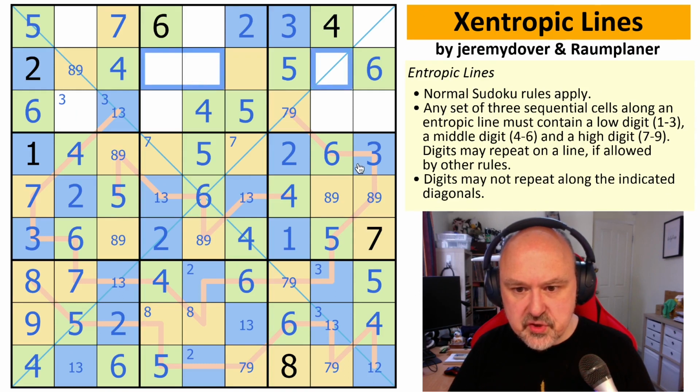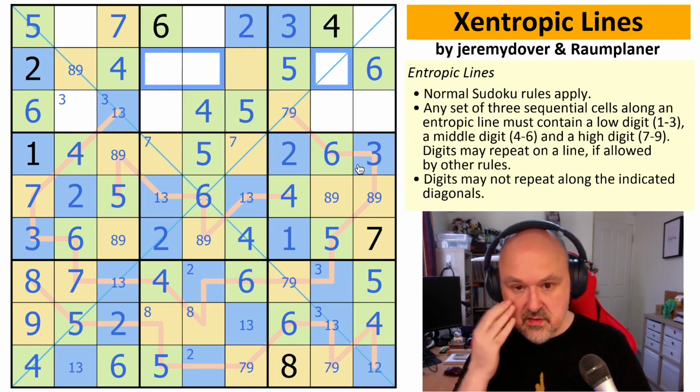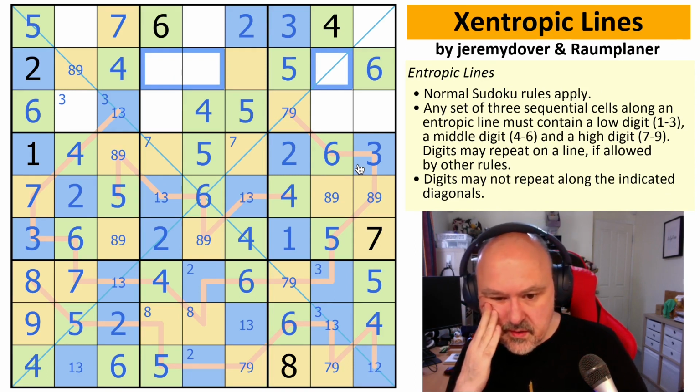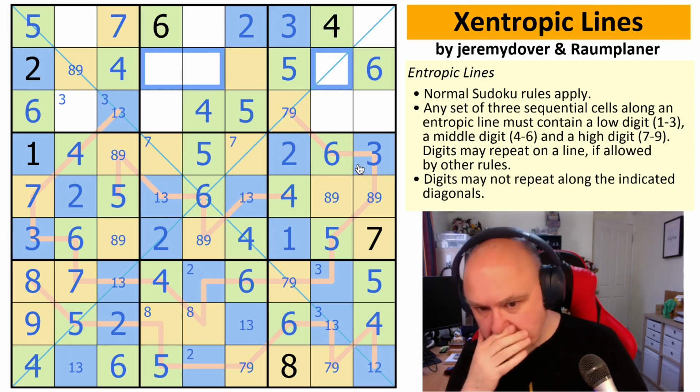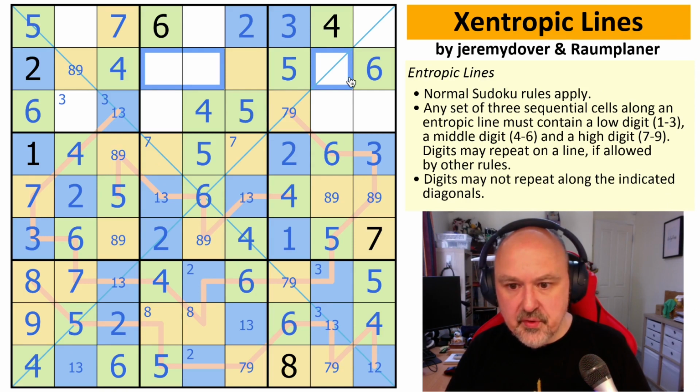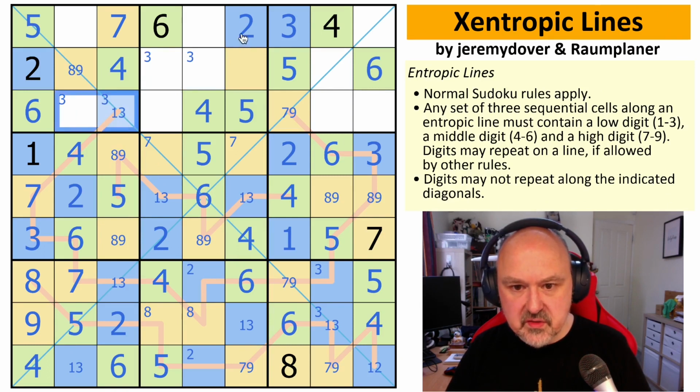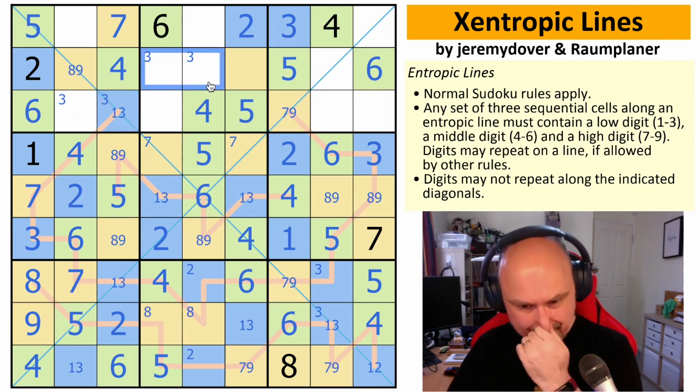So I need to put 2 blue and a yellow in all of those. I need to put a 1 and a 3. Well, I can't put a 3 there, so there is a 3 in one of those two, which I could have got by just looking at the 3s.